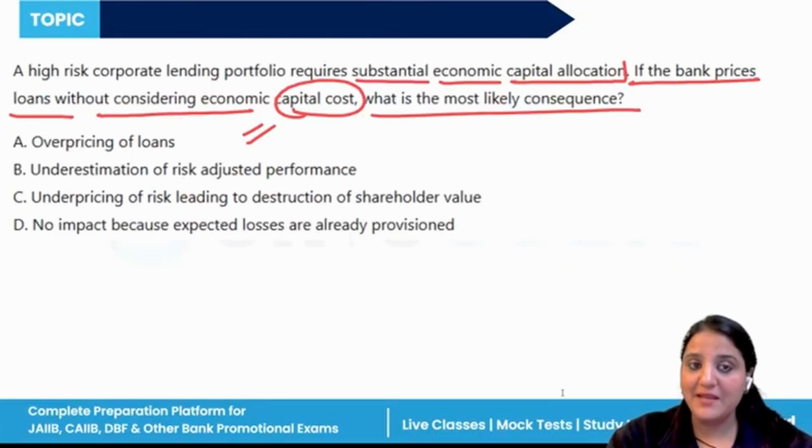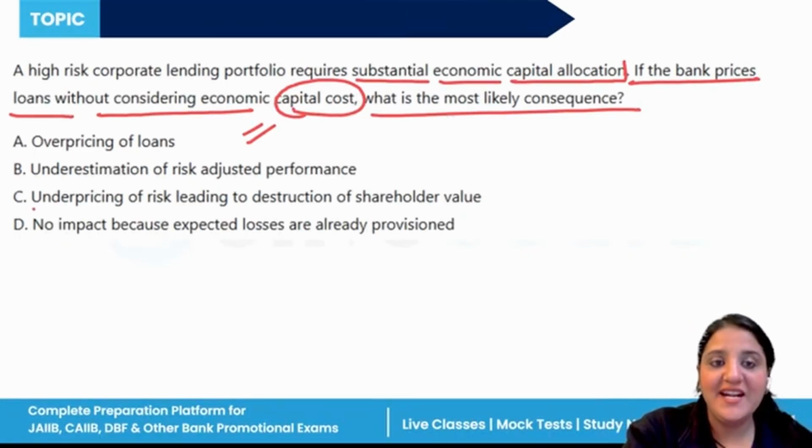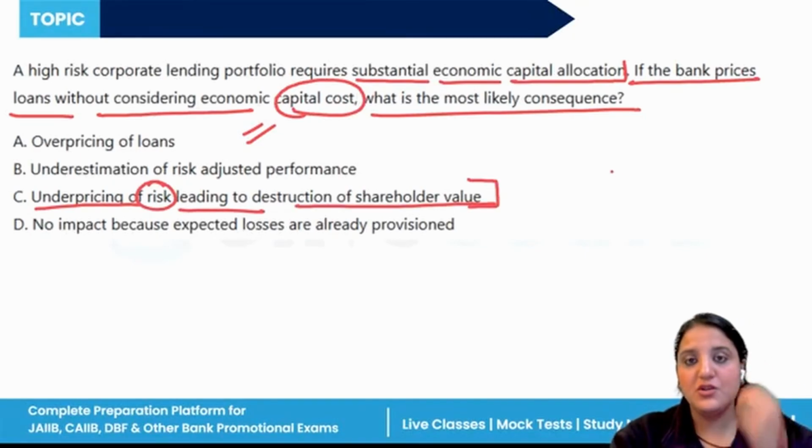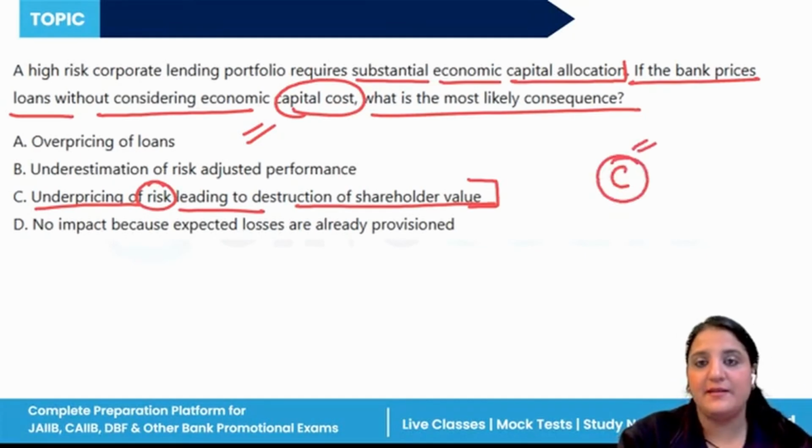And over time, shareholders lose value because risk is not properly priced. So that's why underpricing of risk leads to the destruction of shareholder value. So option C is correct here. Underpricing of risk leading to the destruction of the shareholder value.